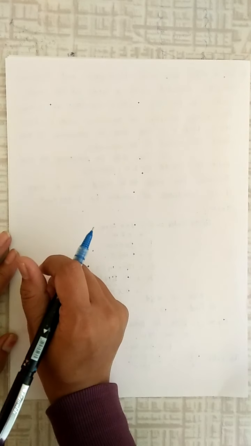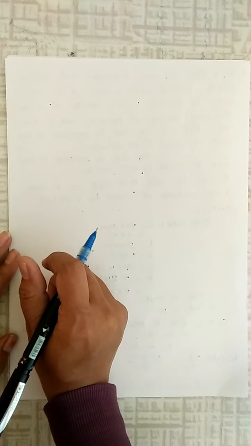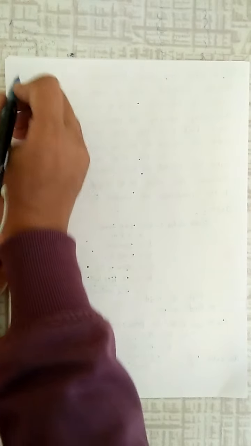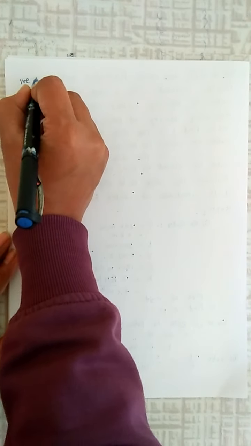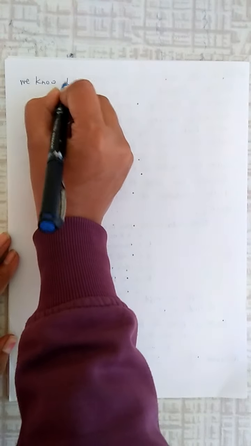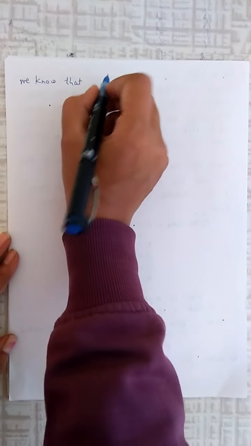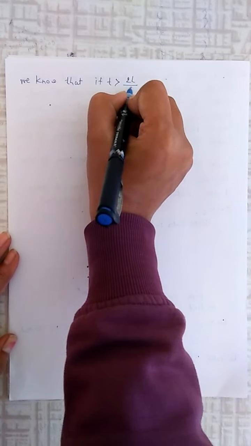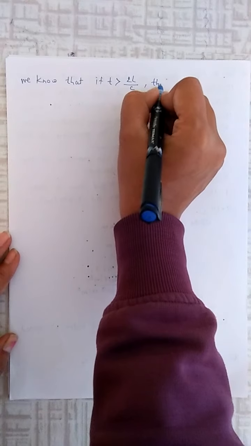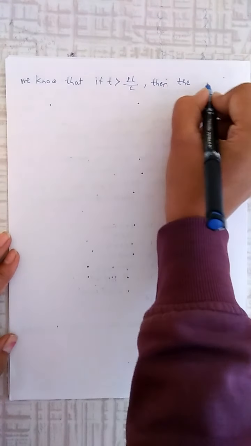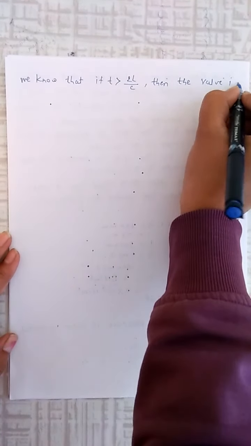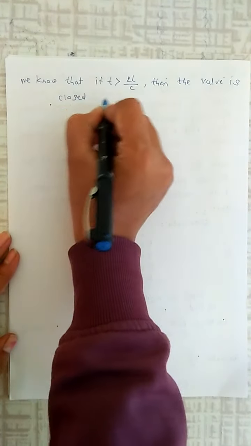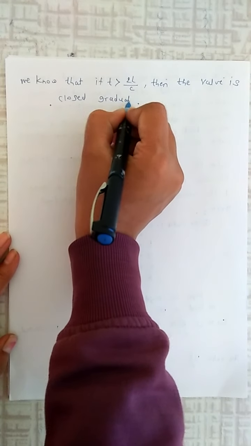As we know, if the time T is greater than 2L upon C, the valve is closed gradually. So we write here, we know that if time is greater than the term 2L upon C, then the valve is closed gradually.